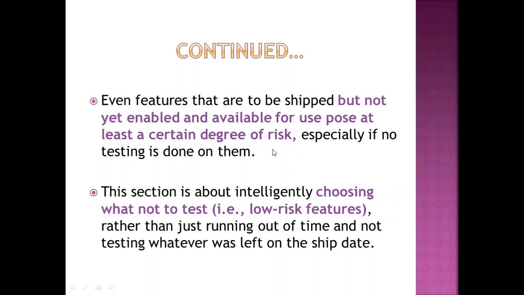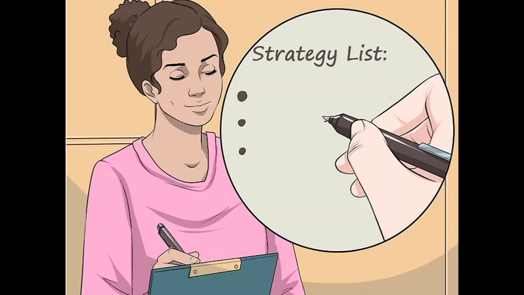So even those features would be included in this features-not-to-be-tested section. A low risk feature, or a feature which is not yet developed, or has a bigger dependency, so that we are not in a position to test it, also has to be mentioned in this section.